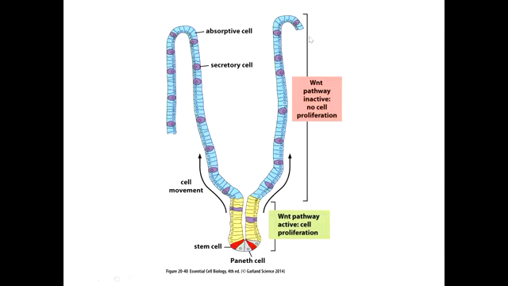And then on this portion of the crypt of the gut here, you find that there's almost no Wnt signaling. So this is just one of the external mechanisms of regulating where you should have division and where you should not.